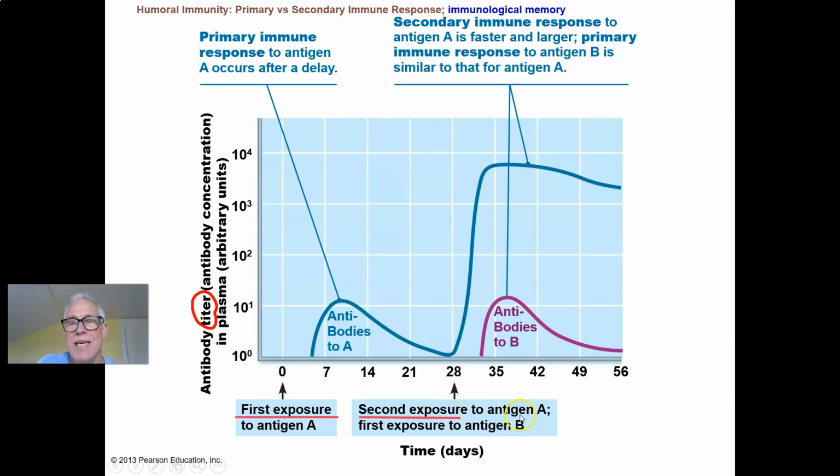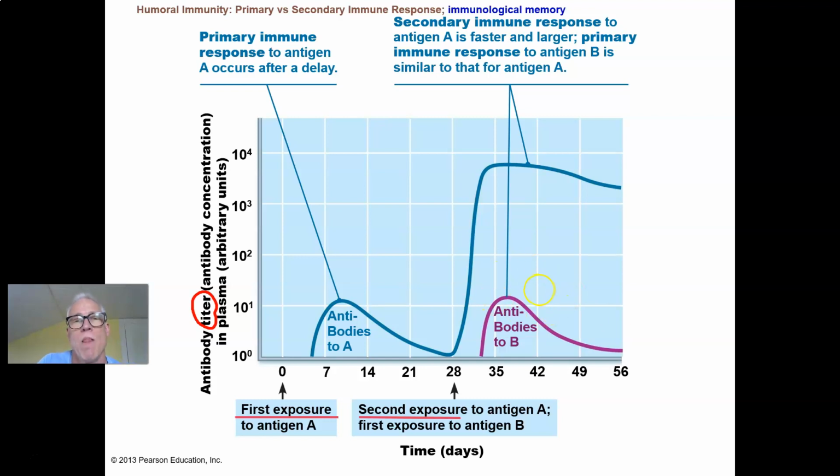So antigen B was introduced here, and lo and behold, it still took a week for antigen B to drive a humoral immune response and produce antibodies. So everything is exactly the same in the body except the memory cells to that antigen A that made for that secondary immune response to be so swift and vigorous.